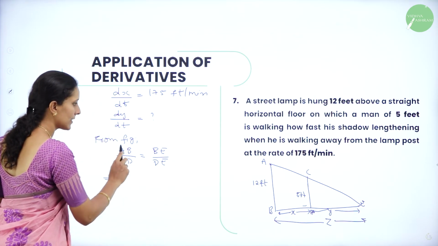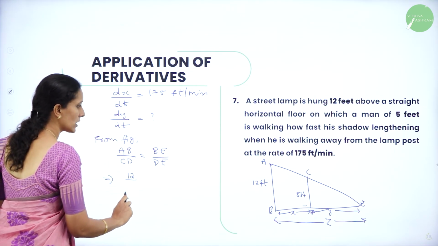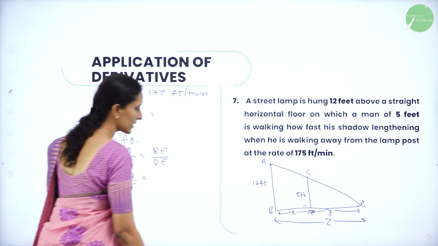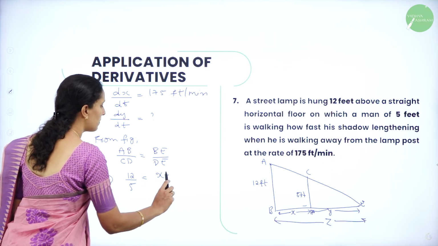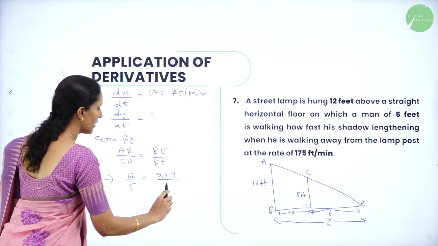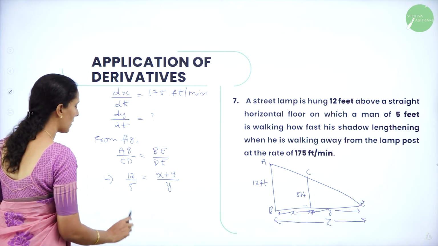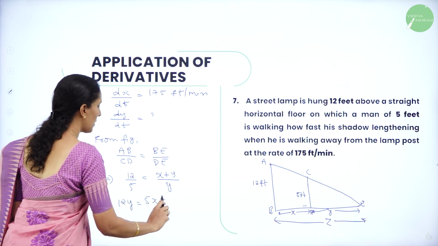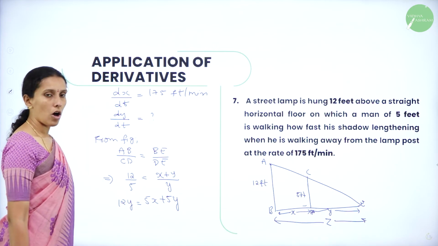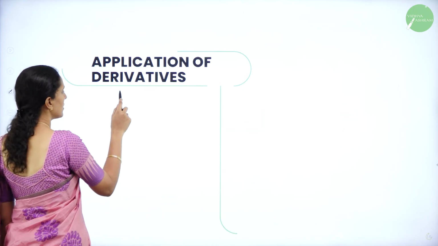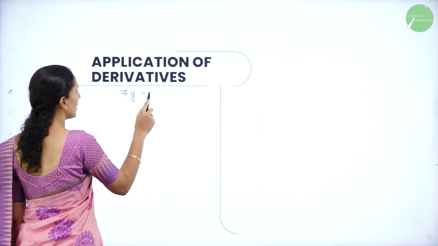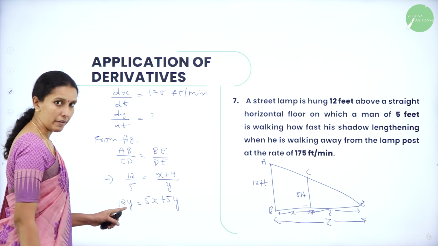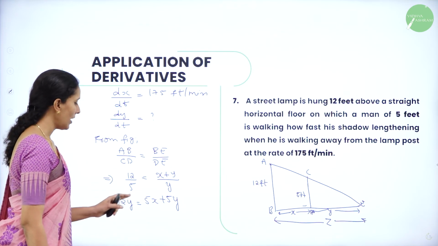So this implies AB is 12, CD is 5, BE is the complete length, that is Z, which is nothing but X plus Y, and here it is Y. So cross multiply, we get 12Y is equal to 5X plus 5Y. Or we can write this as 7Y is equal to 5X, because 12Y minus 5Y becomes 7Y, which is equal to 5X.